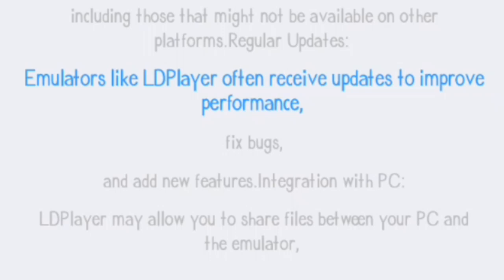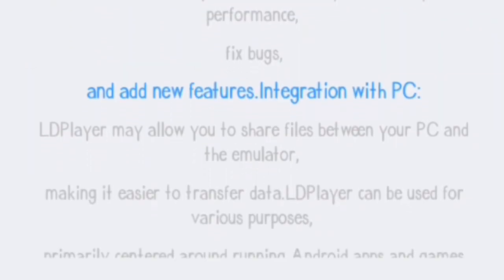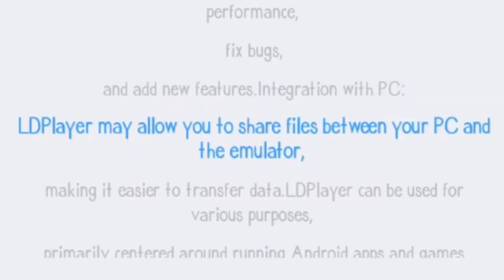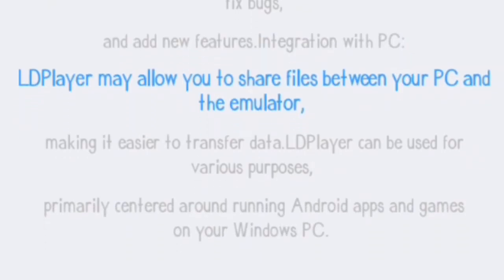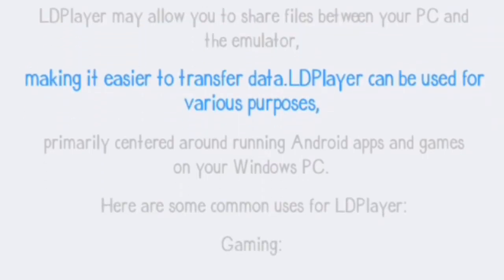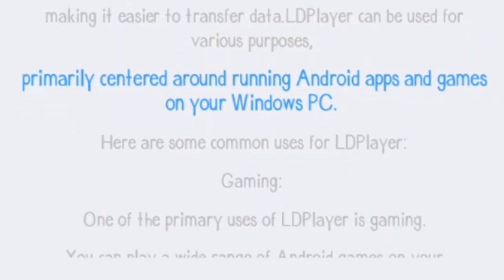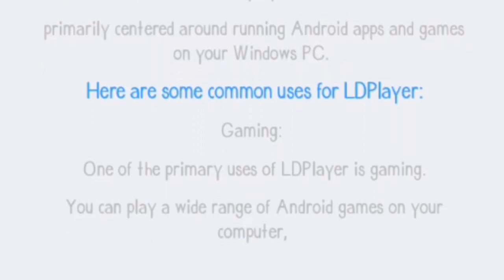Emulators like LDPlayer often receive updates to improve performance, fix bugs, and add new features. Integration with PC. LDPlayer may allow you to share files between your PC and the emulator, making it easier to transfer data.